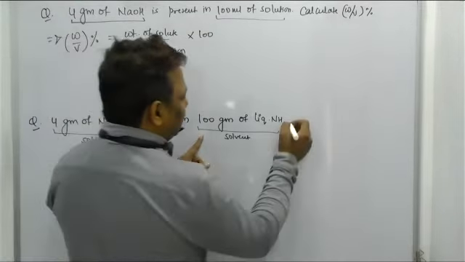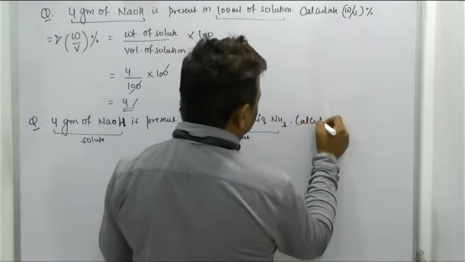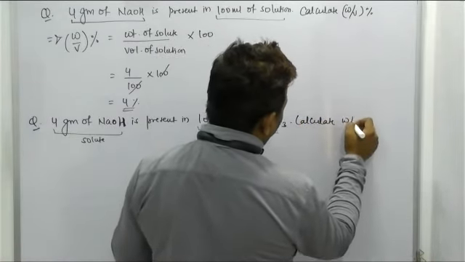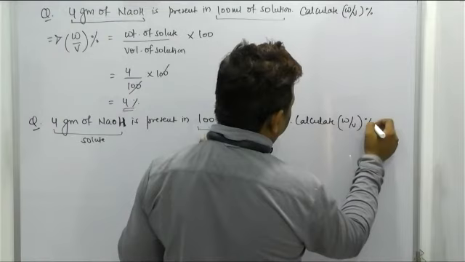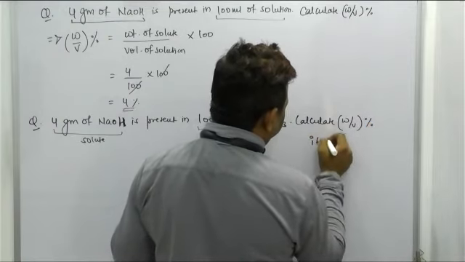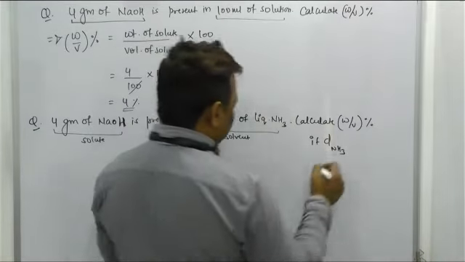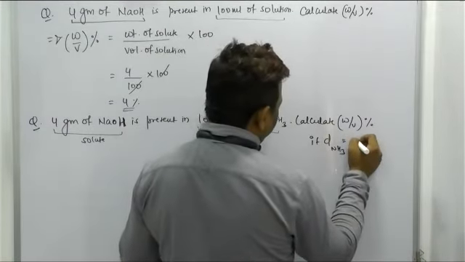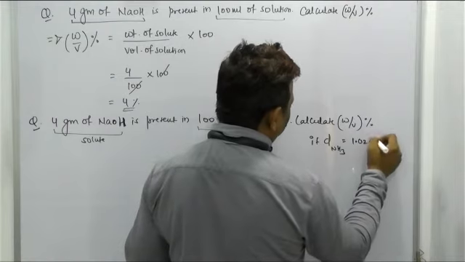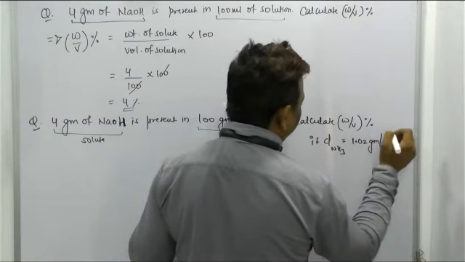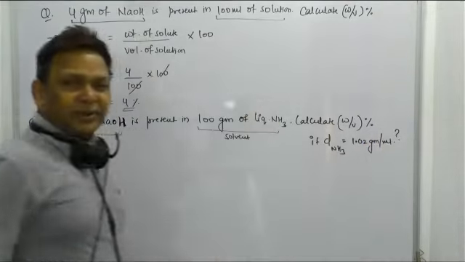And now they are asking us to calculate W by V percentage if the density of this liquid ammonia is 1.02 gram per ml. This is a very good question, beta.